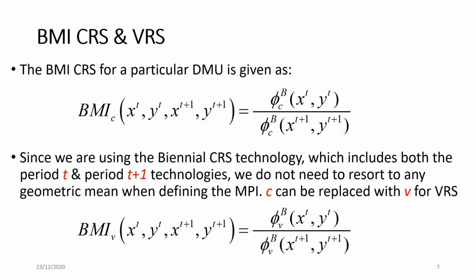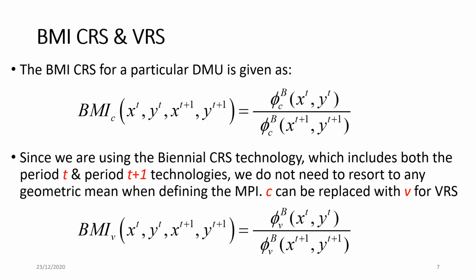The biennial is a kind of one frontier that envelopes the two frontiers, the frontier for T and the frontier for T plus 1. So biennial is taking the edges of these two frontiers and creating a new frontier. We'll look at an example.